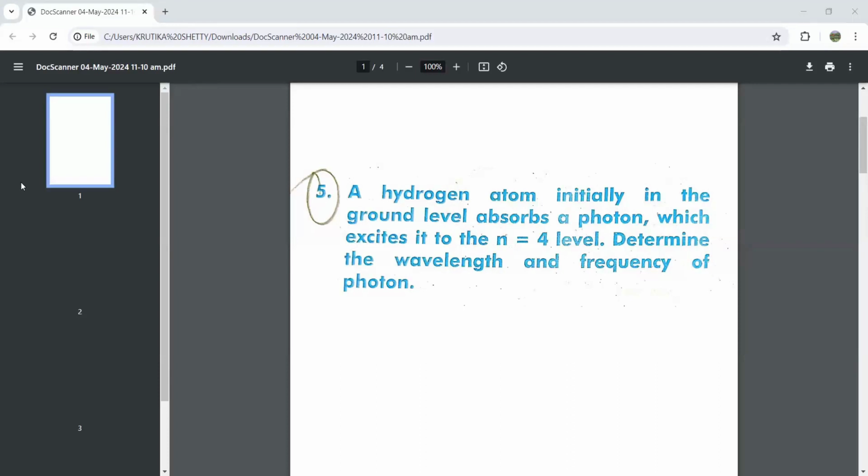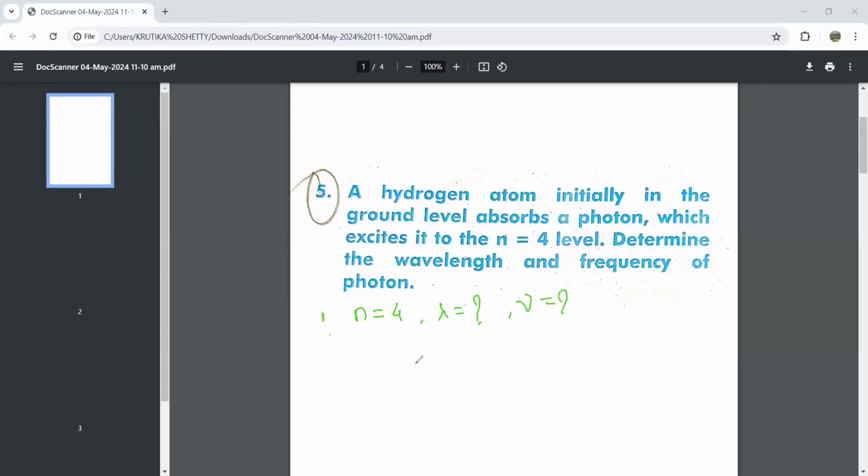They are asking you both, that is the frequency and the wavelength. They have given n is equal to 4, that is the fourth orbit. And next they are asking you about the lambda and the frequency.